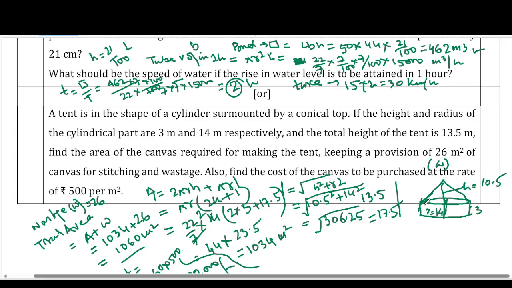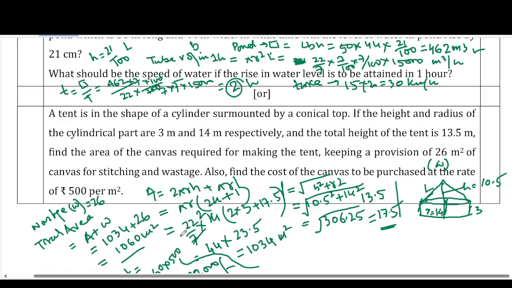First of all, you need to find out the complete area. Area of the cylinder is 2 pi rh. Area of the conical portion is pi rl, where l means slant height. For slant height, take the formula height square plus radius square, and you can get slant height 17.5.